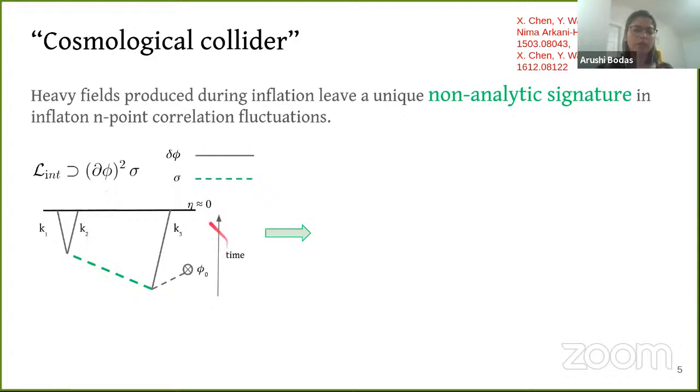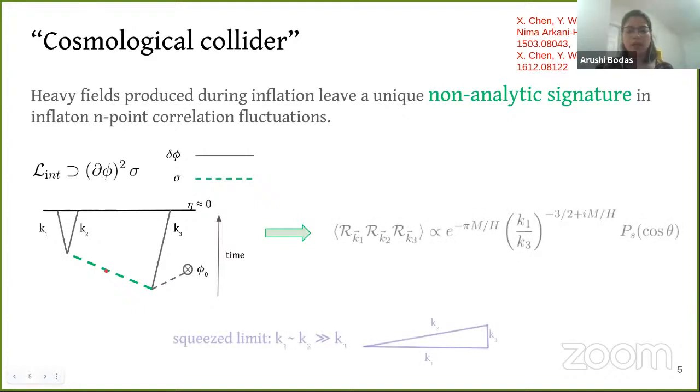Just to give a visual for it, imagine a 3-point correlation function which is mediated by a heavy field sigma. It turns out that if you consider a specific configuration of the momenta where 2 of the momenta are really large and 1 is quite small compared to the other 2, then in this limit, the 3-point correlation function has a very unique form.